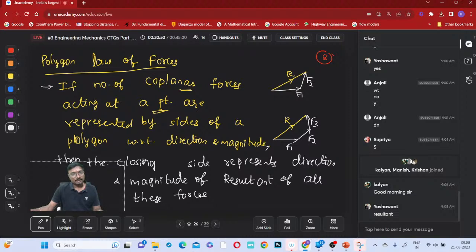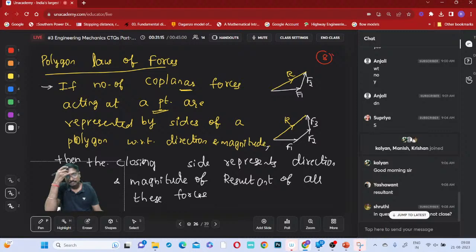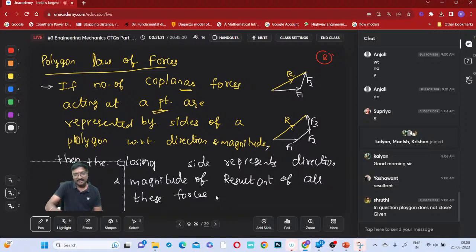Note this point and tell me. Yeah, I'll tell you, don't worry. I'll tell you what a polygon law is. First we'll see, as I said. After this, when it is closed and when it is opened, what is the inference? That we'll see in the next slide.